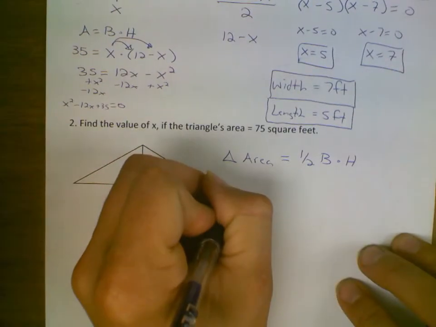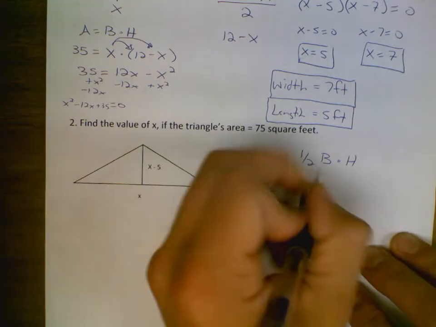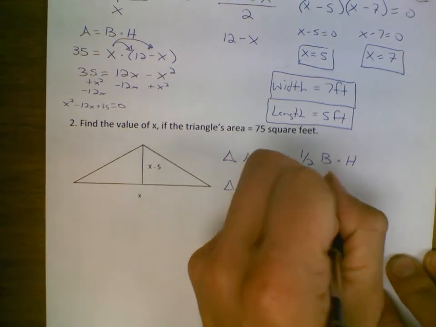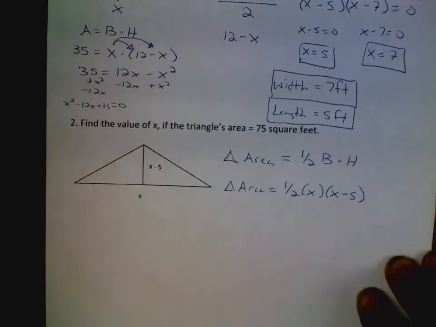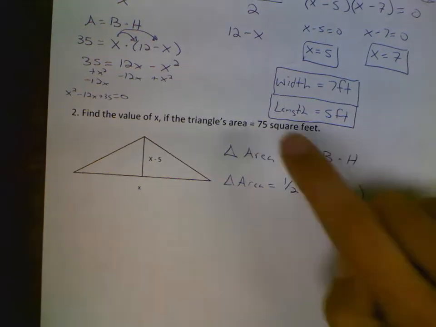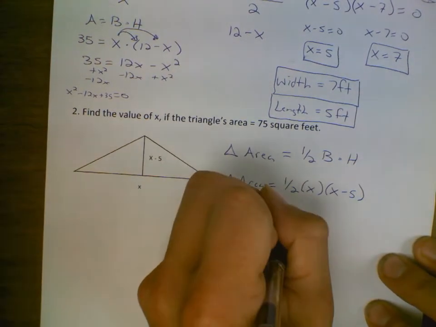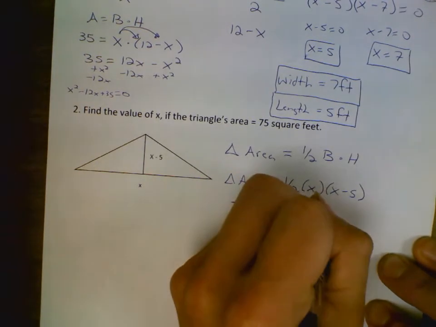So I get the triangle's area equals 1/2 times x times x minus 5. And remember, they're telling me the area is 75 square feet, so I get 75 equals 1/2 x times x minus 5.